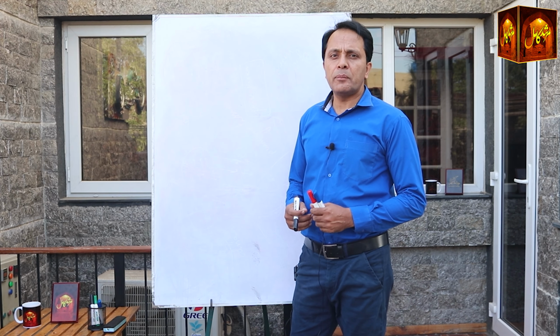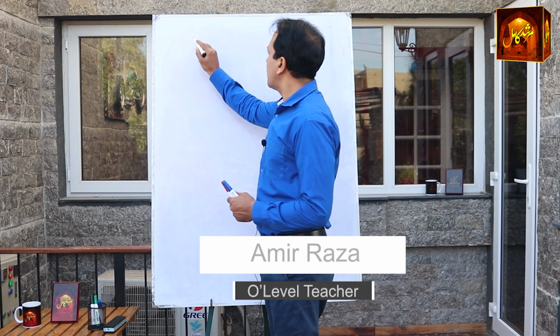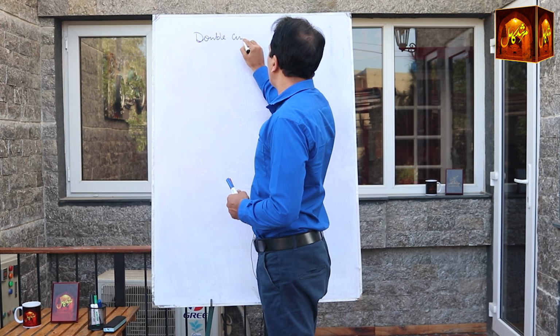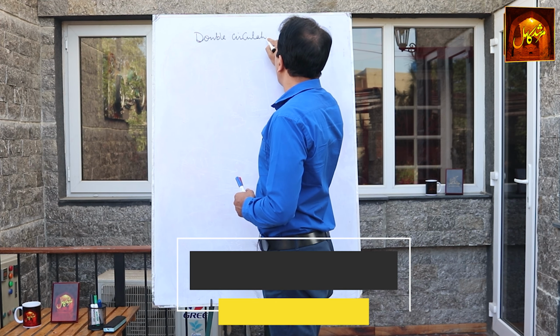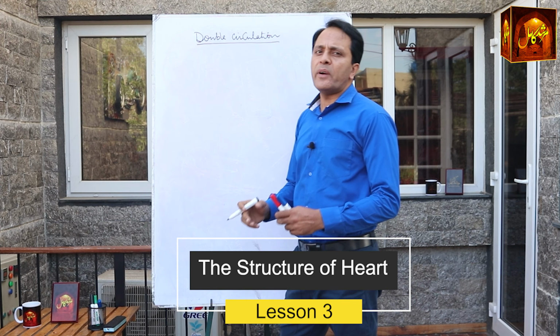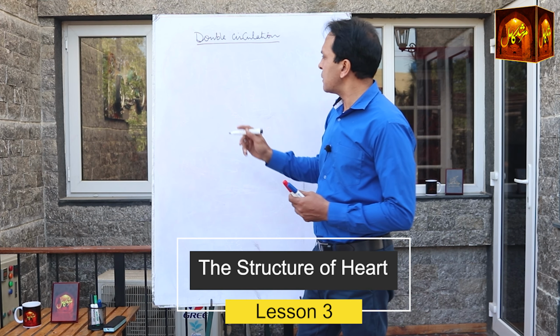When we talk about double circulation, it means we have two different types of circulations.